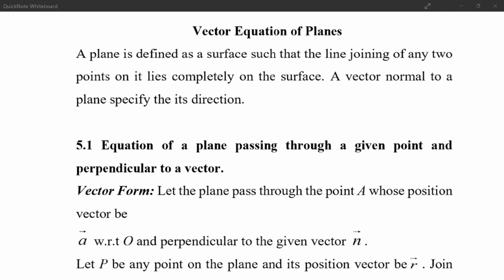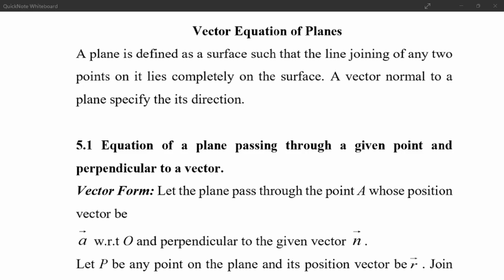So when we talk about vector equations of planes, we are talking about equations that let us represent every point on the plane as a combination of vectors. Throughout this tutorial, we will break down the equation step by step. We will learn how to find these vectors from given information.